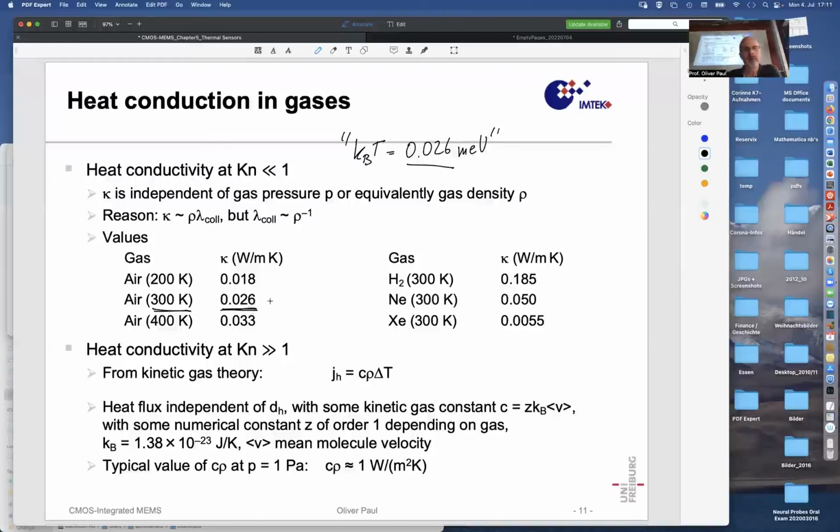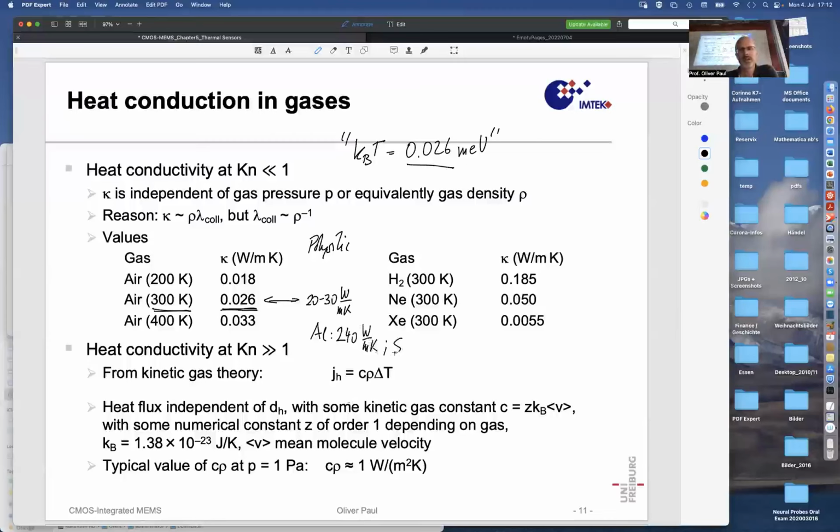How does that compare with solids? So we mentioned polysilicon before. Well, polysilicon has a thermal conductivity of something between 20 and 30 watt per meter per Kelvin. Aluminum has something like 240 watt per meter per Kelvin.